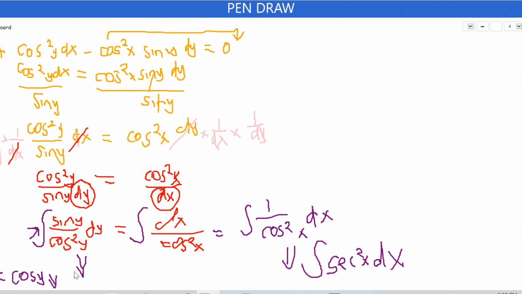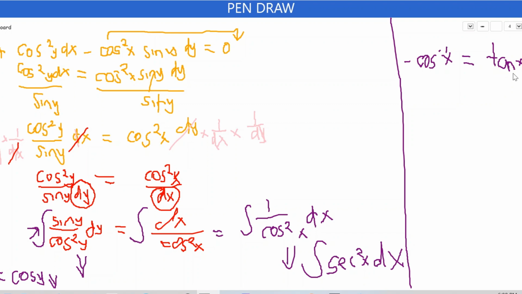So your final answer should be negative 1 over cos y is equal to tan x plus c. The integration of sec squared x is tan x plus c.